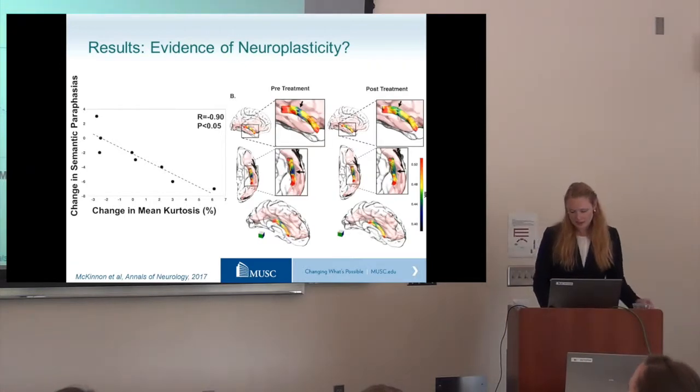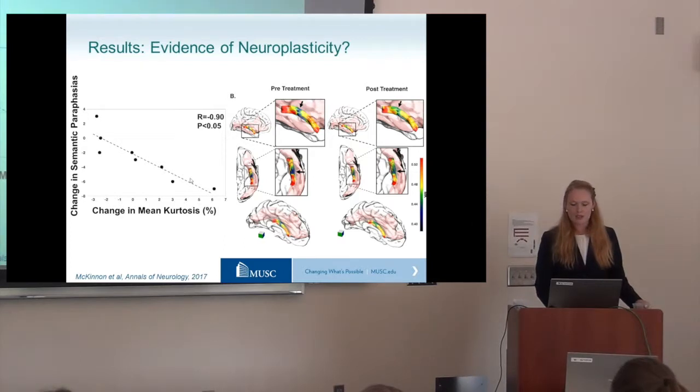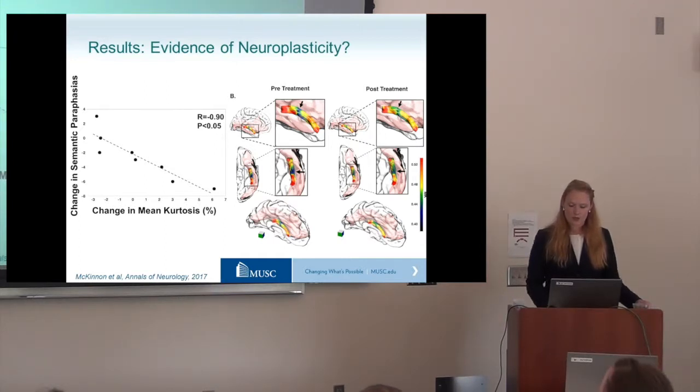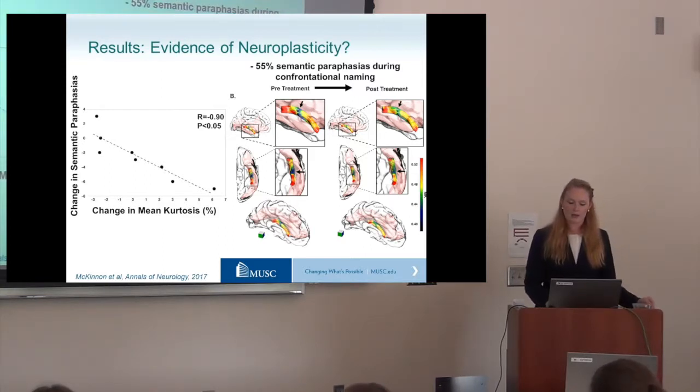Here's the same figure again that I showed in the beginning, and I'll go through it one more time. This is the inferior longitudinal fasciculus. Now we know that this area is the diffusion bottleneck, and the color is mean kurtosis. This patient showed a 55% change in semantic paraphasias and about a 10% change in mean kurtosis.